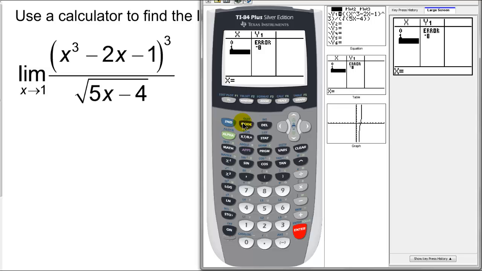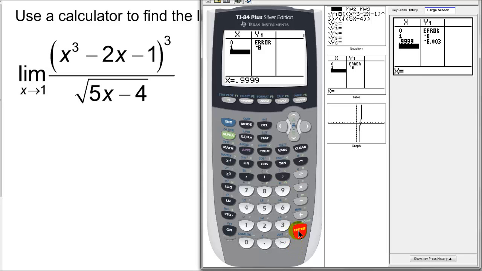So it's not going to be defined when x is equal to 0. So just for sake of argument, when we talk about getting close to 1, we're talking about really close, infinitesimally close. So if I get close being 0.9999, I'm pretty darn close to 1.